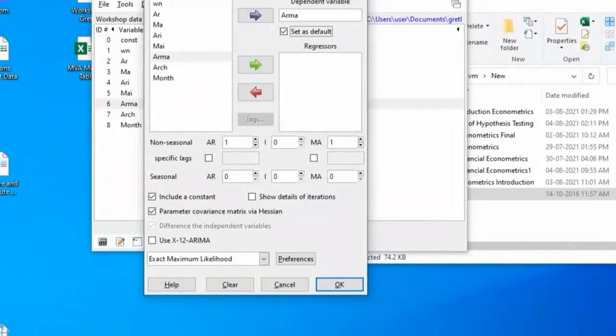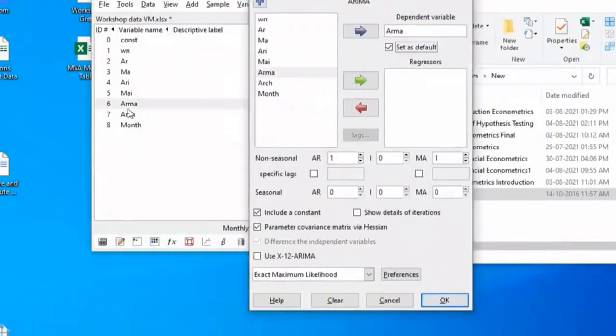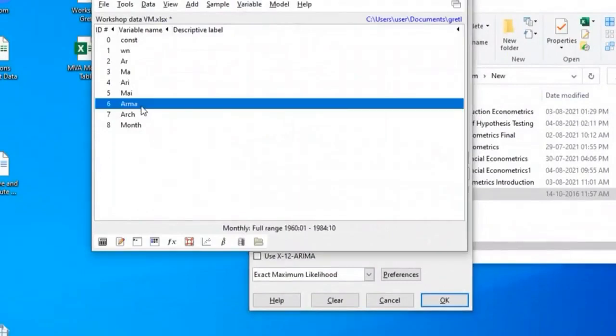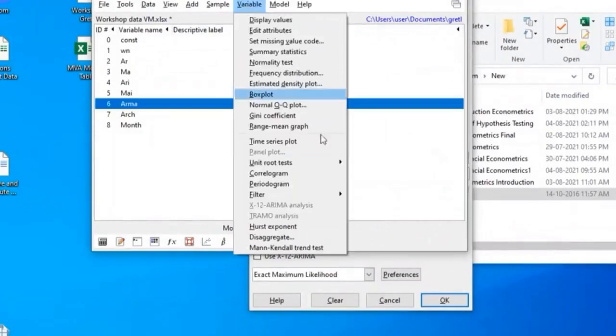Now we have already seen that ARMA is a stationary process, because you remember the correlogram has shown that it is a stationary series. Anyway, let us see the unit root test also. The classical method relies on the correlogram, but we can also do the unit root test.